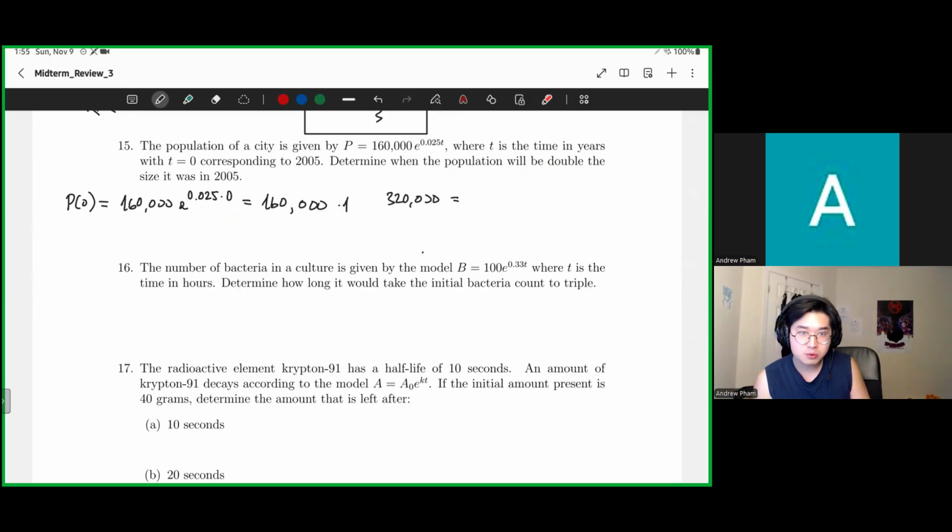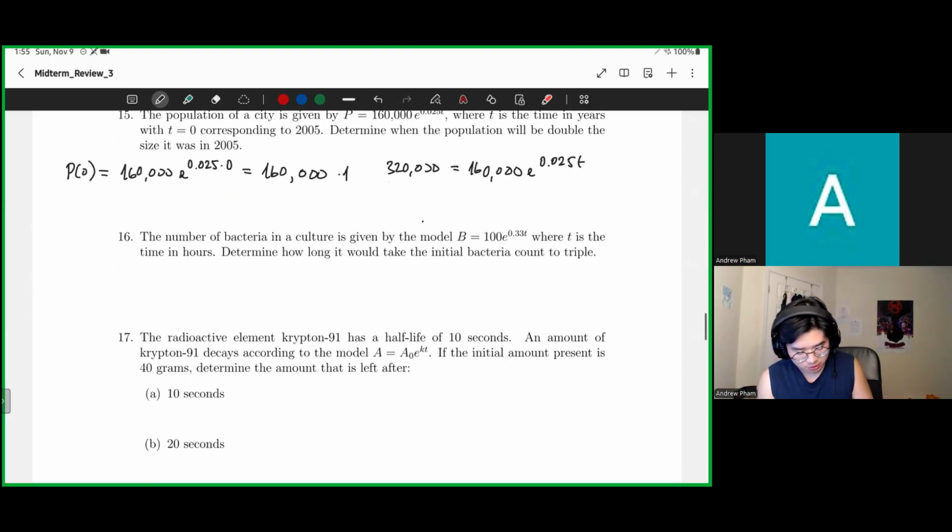So I set P equal to 320,000 in the function itself: e to the 0.025t. And then I just solve for t. So divide by 160,000. 320,000 divided by 160,000 is simply 32 divided by 16, that's just 2, which is equal to e to the 0.025t.